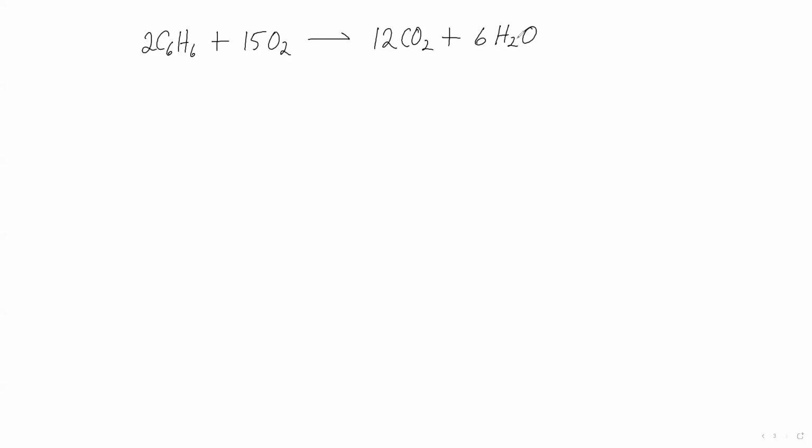You know what? This is too complicated. I'm not going to do this one because it's just going to confuse everybody. Let's do a simpler combustion reaction. Let's do this one. We have CH4 plus 2O2, and that goes to CO2 plus 2H2O.